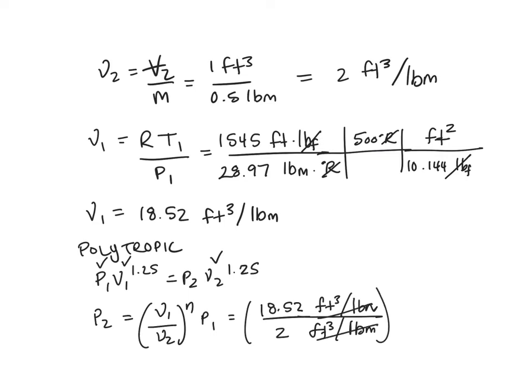I will raise that to the 1.25. That was the n we were given. And we'll multiply that by 10 pounds force per inch squared. So our units are going to be pounds force per inch squared. And we find that pressure 2 is 161.5 pounds force per inch squared.